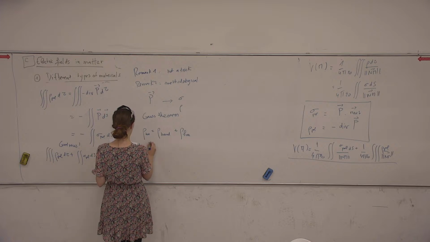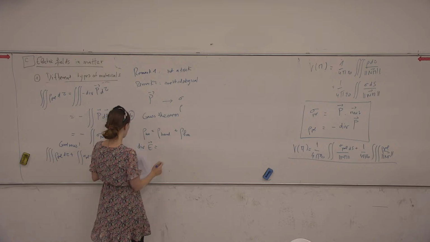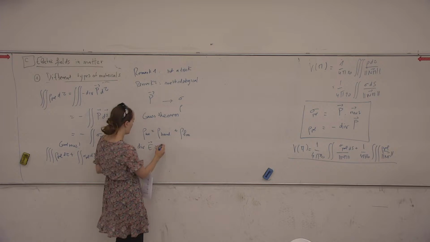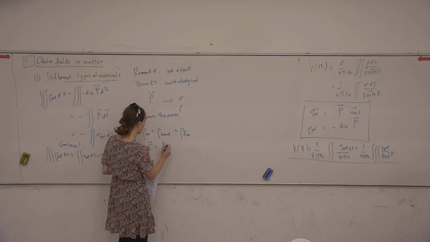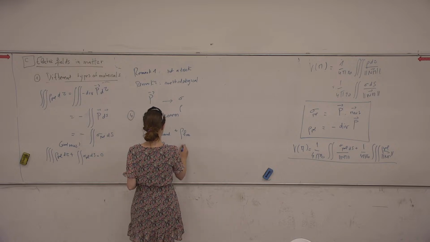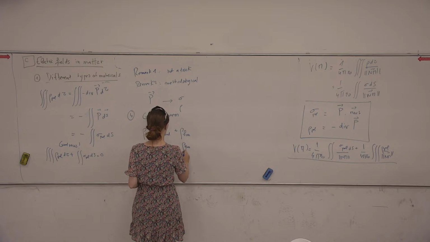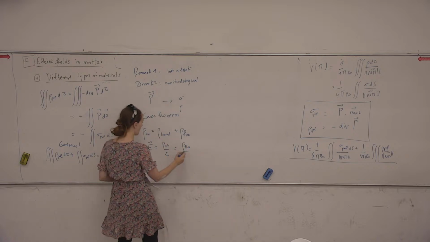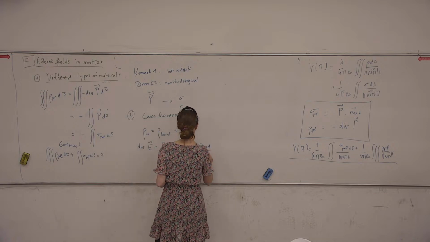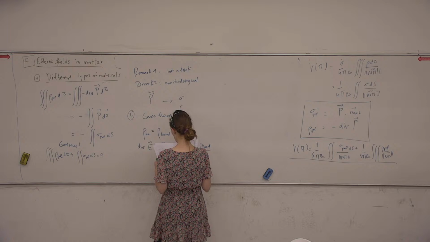So I have div of E equal to, you remind me, the Maxwell equation, rho tot divided by epsilon 0. So I can divide it into rho free divided by epsilon 0 plus rho bound divided by epsilon 0.